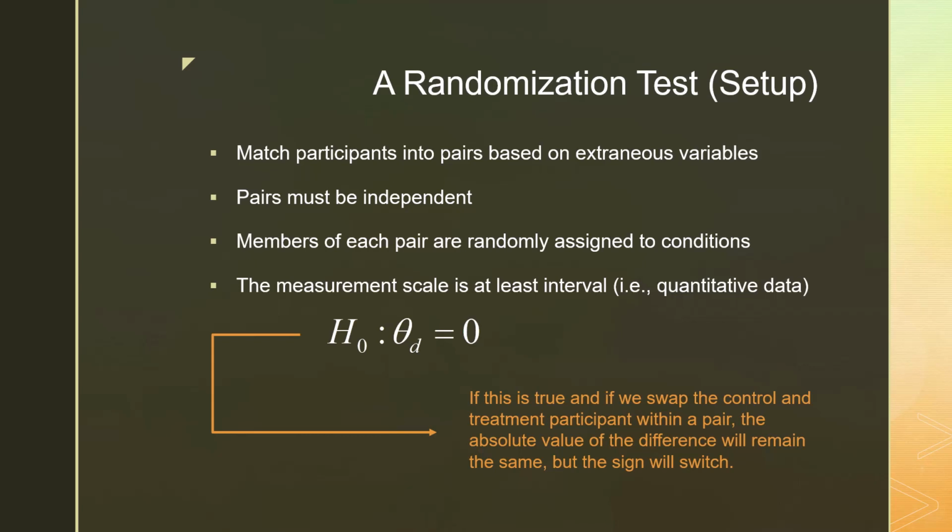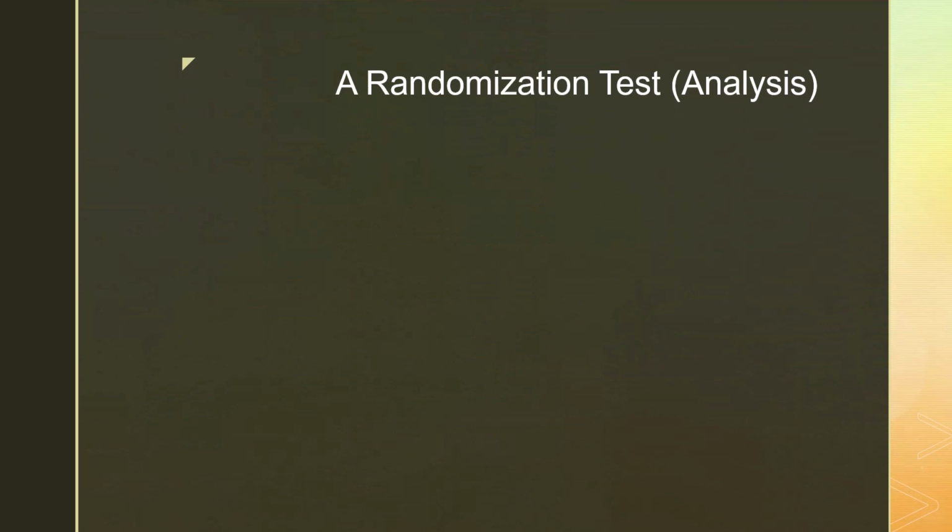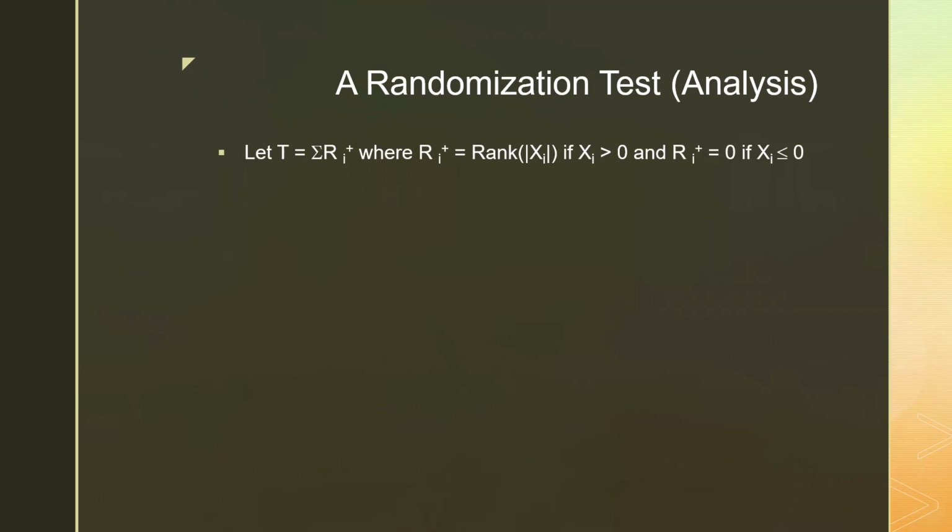Even though the setup of every randomization test is the same, what makes one test different from another is the test statistic. And for the Wilcoxon signed rank test, the test statistic is this. Let T be the sum of R_i+, where R_i+ is the rank of the absolute value of the scores.